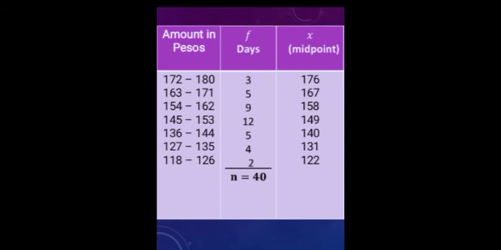Our next interval is 163 to 171. From 163, we will count 5, including 163, that is 163, 164, 165, 166, and 167. So our midpoint in the interval 163 to 171 is 167. And so with the rest of our intervals.